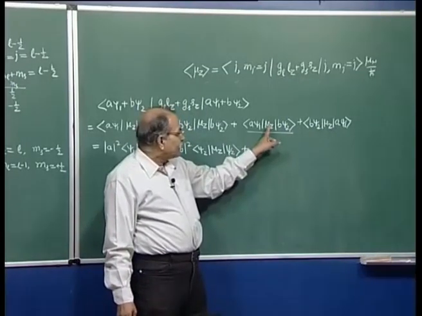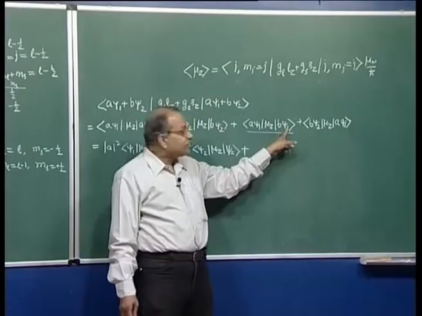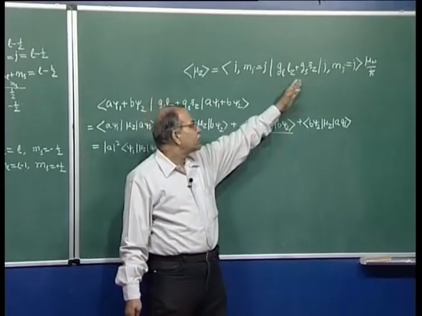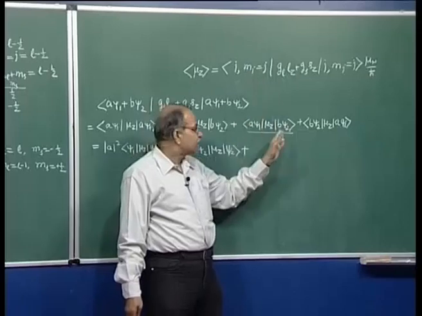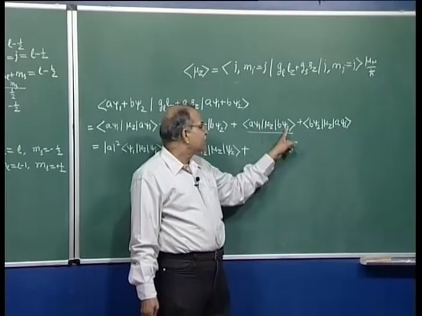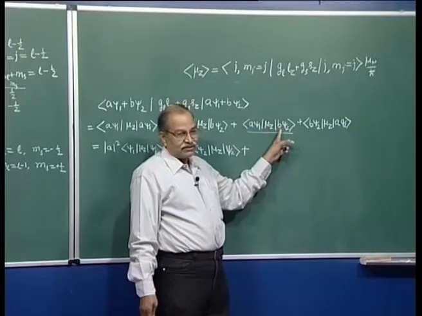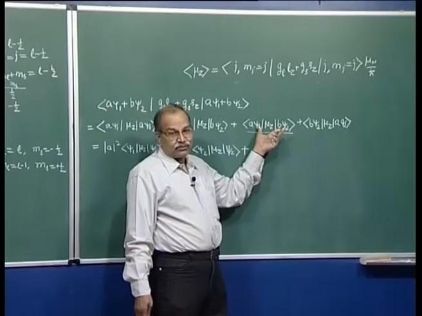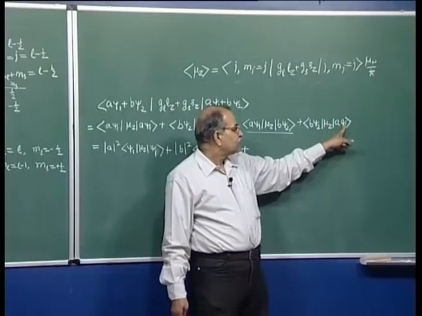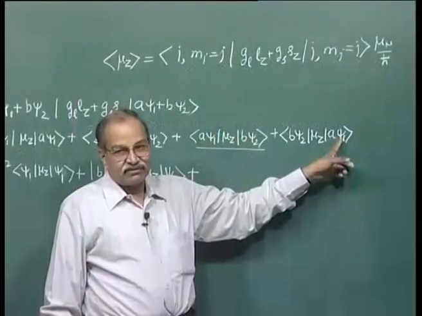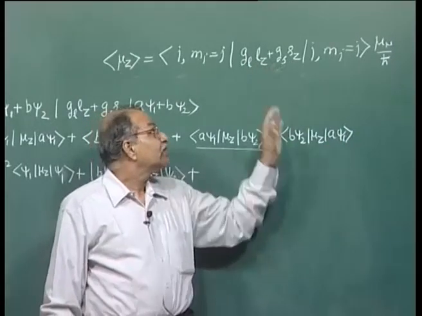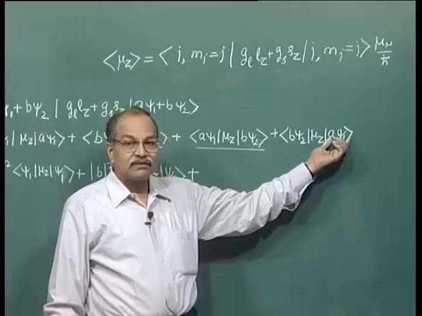Separately you can look at Lz and you can look at Sz, that will be easier. You are getting back that psi 2, and psi 1 and psi 2 are orthogonal, so this product is 0. Similarly, when you operate mu z on psi 1, you are getting back that psi 1.